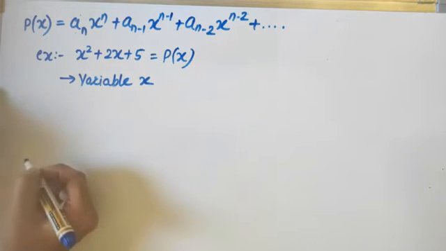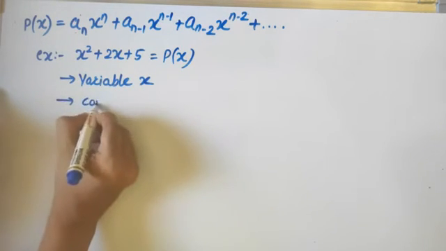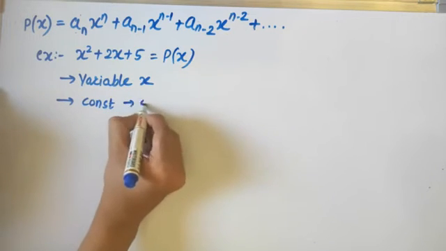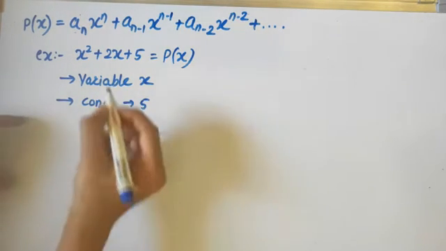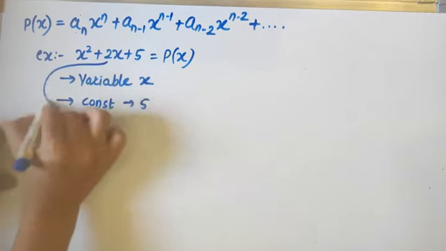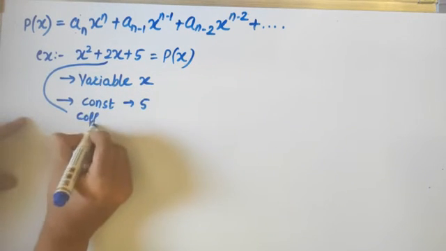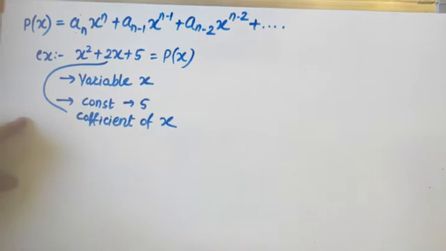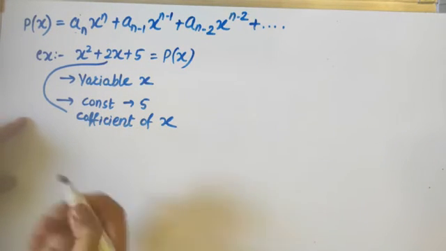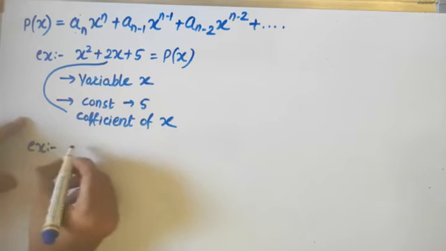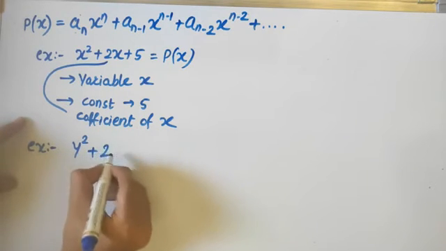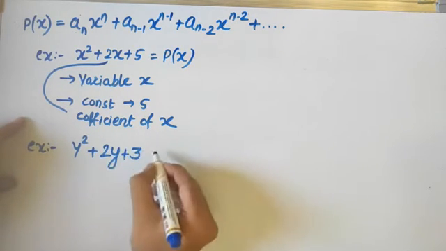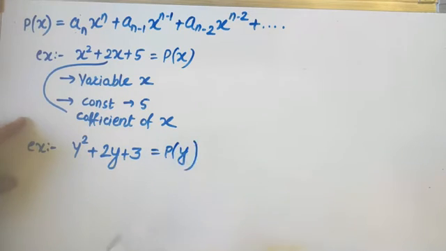Here the constant is 5, and these are coefficients. This is the coefficient of x. Let us see another example. y square plus 2y plus 3. This is a polynomial of y. So a polynomial of y means it has the variable y only.